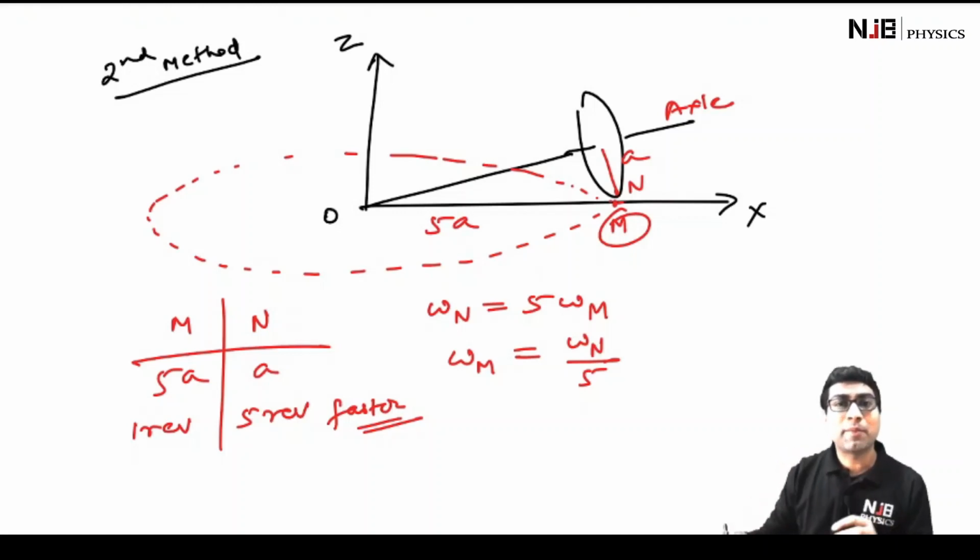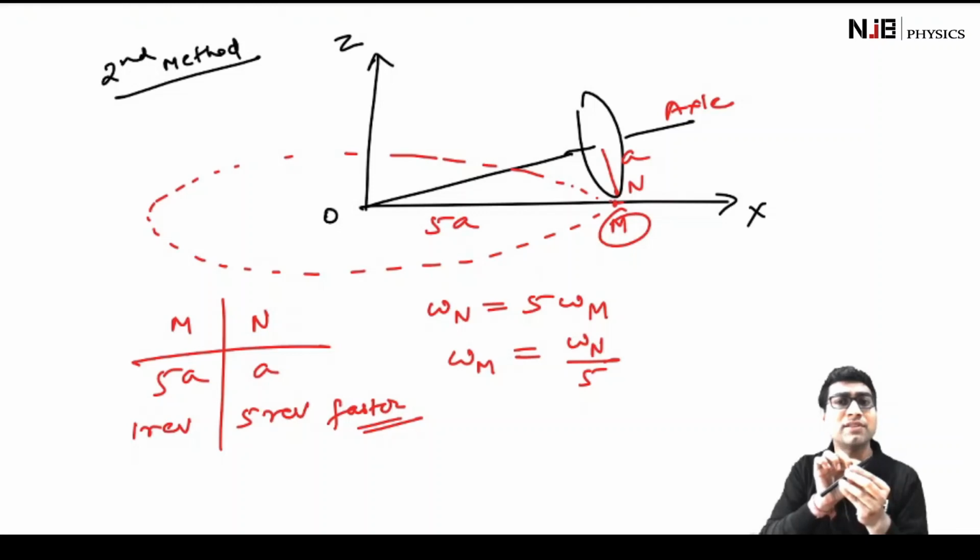It is nothing but the angular velocity of the center of mass of the assembly, which is also in horizontal circular motion about the z-axis, because by the time point M completes one revolution, in the same time the center of mass is also going to complete one revolution.